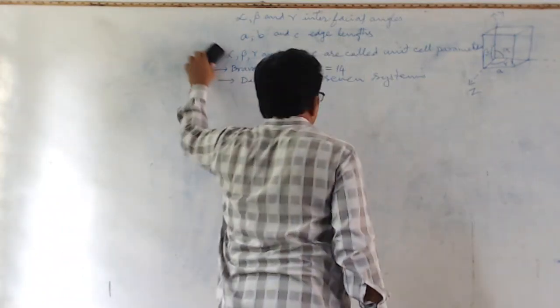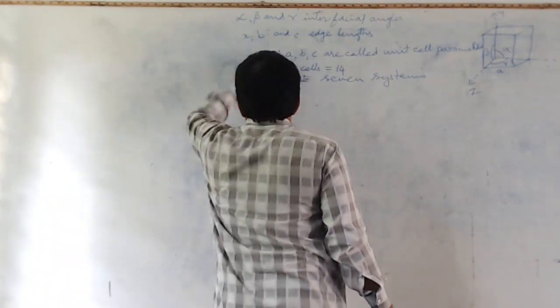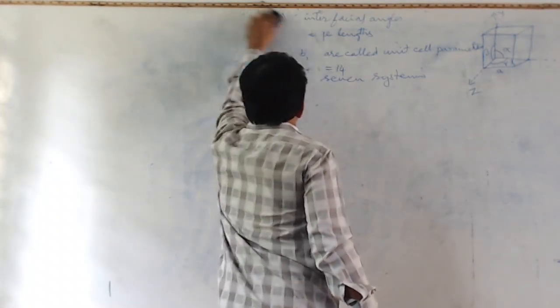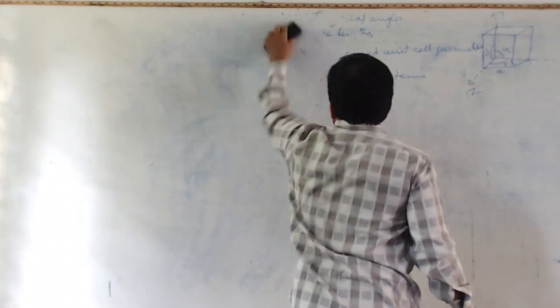So, we will take another table which gives the 7 types of systems.